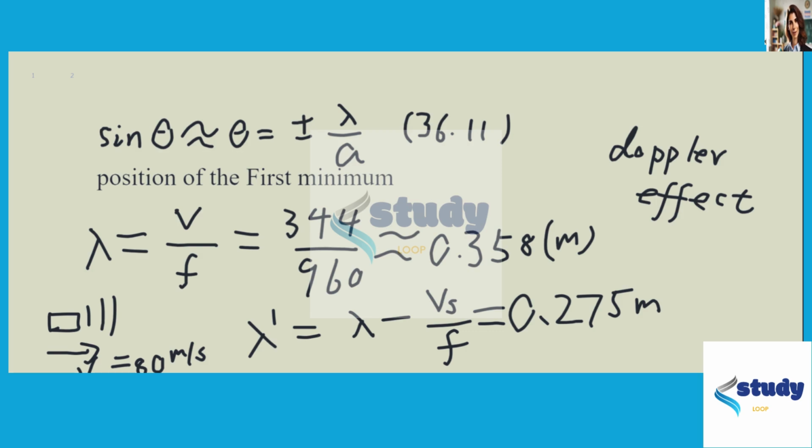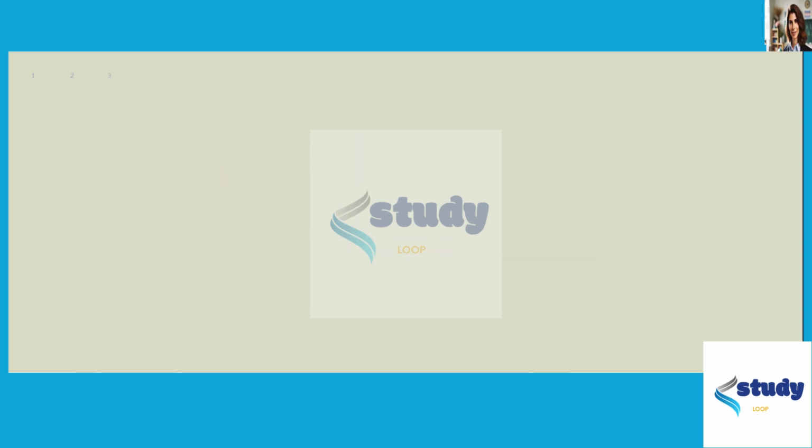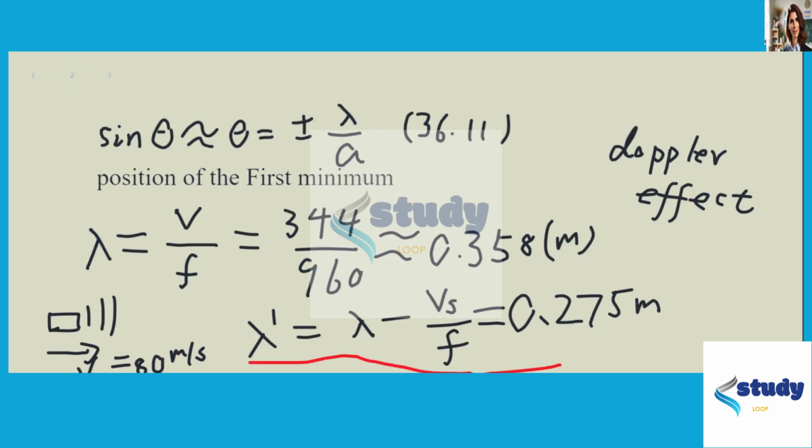It dramatically changes the wavelength of the sound from the speaker. So we will use this lambda prime to calculate the first case, which is theta equals 11.4 degrees. Then we go back to the equation of interference.